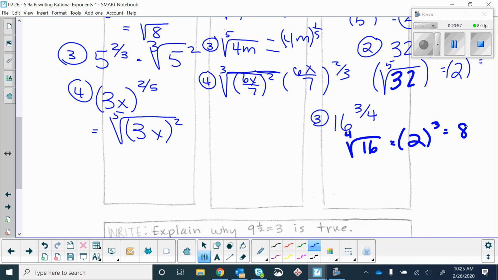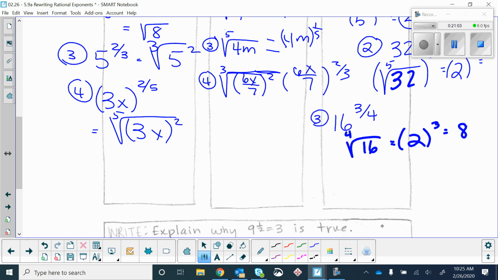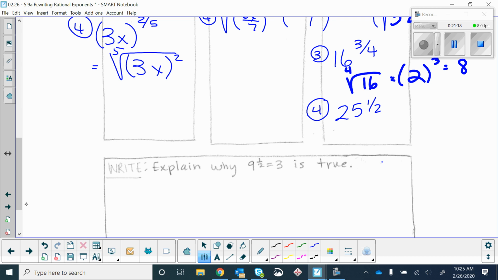Here's the last one. 25 to the 1/2. Root first, what's the root? 2. Power second.